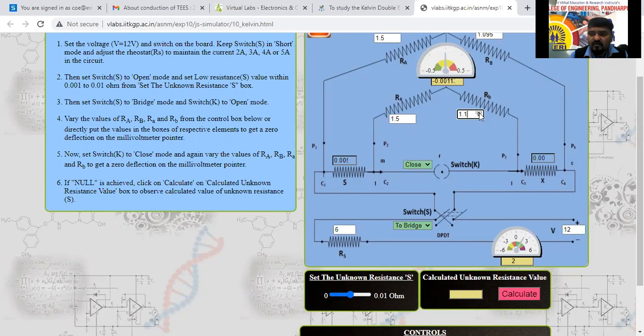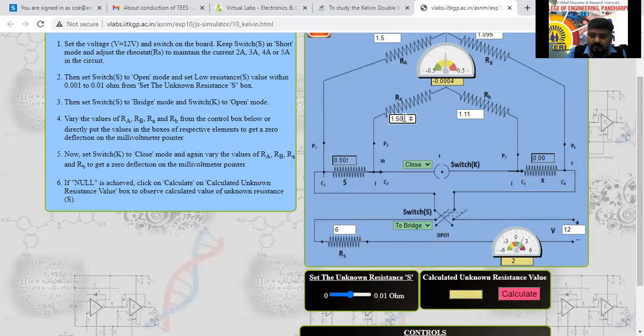For that reason, what we have to do, see here, 1.19, no, 0.2, 11, 55, 4, 3, 2, 1.